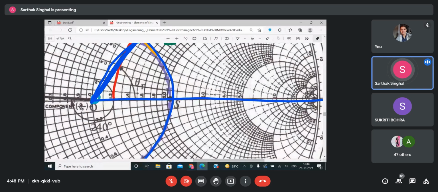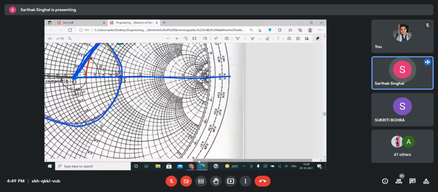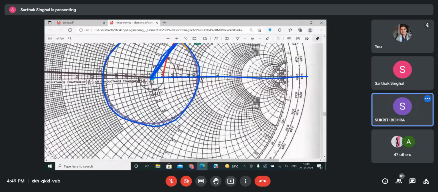Since it is going from 2 to 3, and it is also in between 2.0 and 2.2 points, it will be around 2.1. So this is your VSWR value.